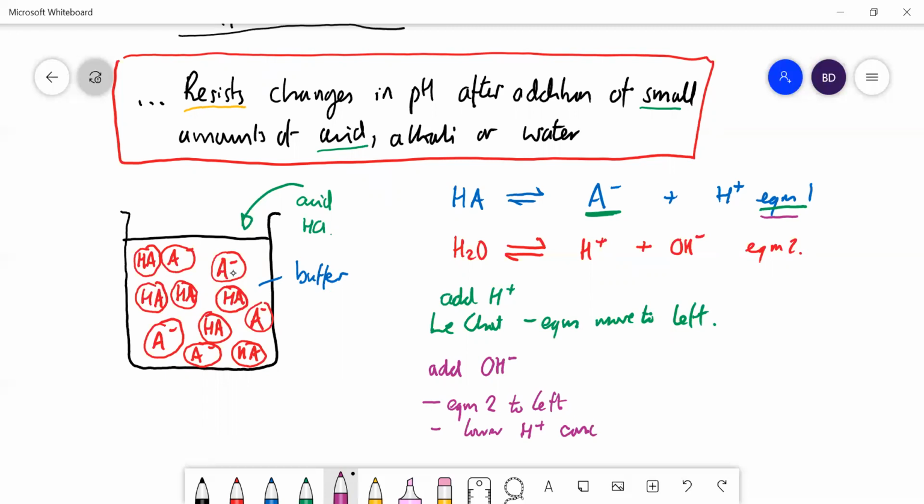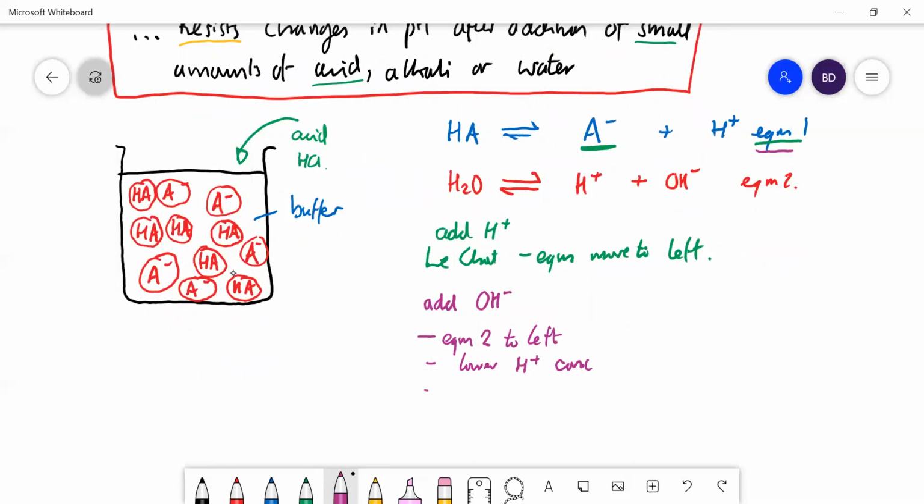If you lower the H plus concentration, equilibrium 1 will try and raise it by moving to the right, and it will make some more H plus. What do you need in order for that to happen? Well, you need to have plenty of HA to push it that way. So that is the qualitative discussion of it.